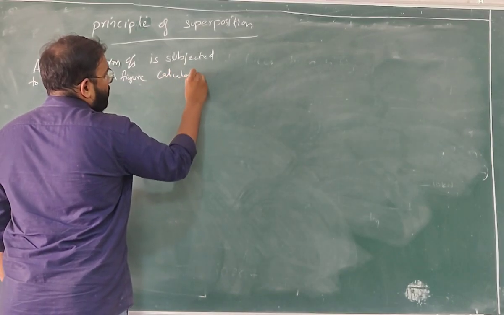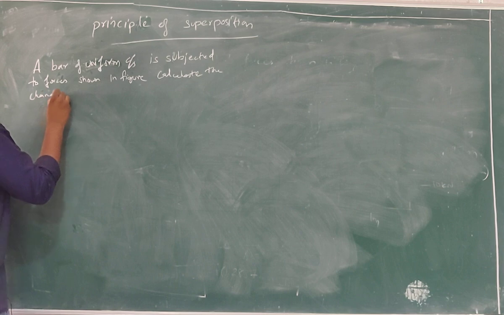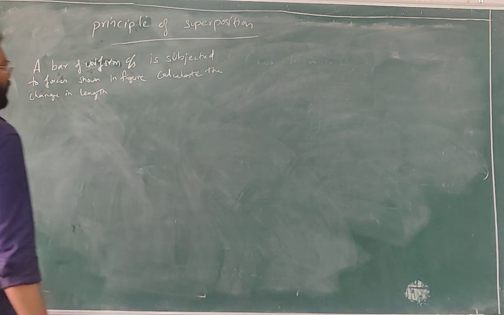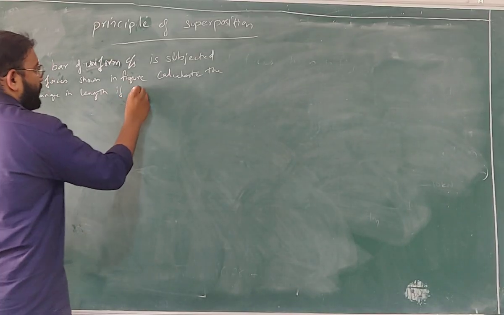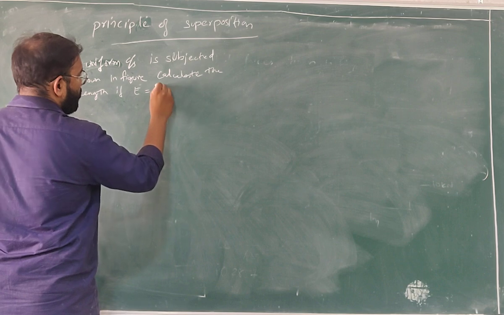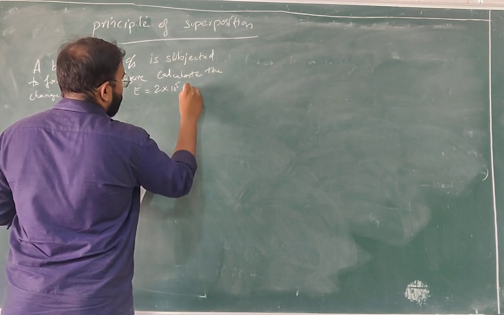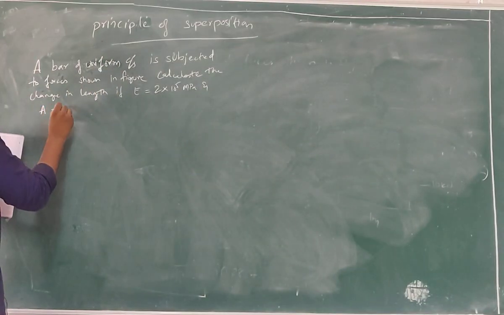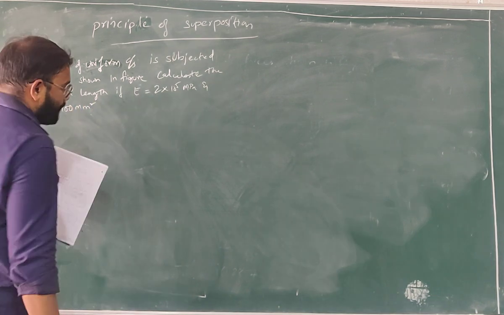Calculate the change in length if capital E is equal to 2 10 power 5 megapascal and constant area is 100 millimeter square.